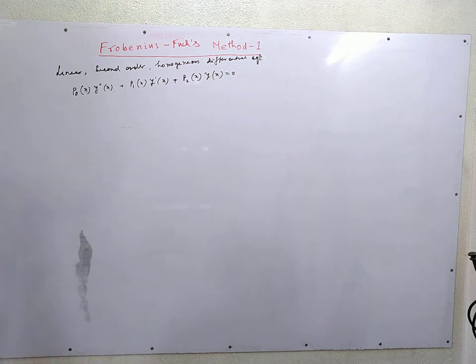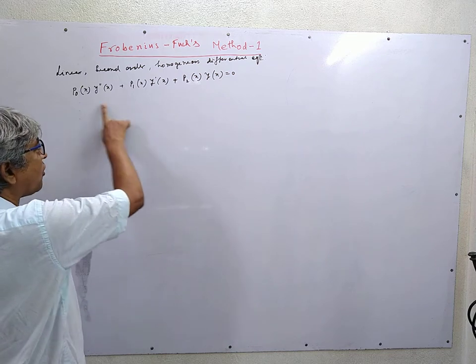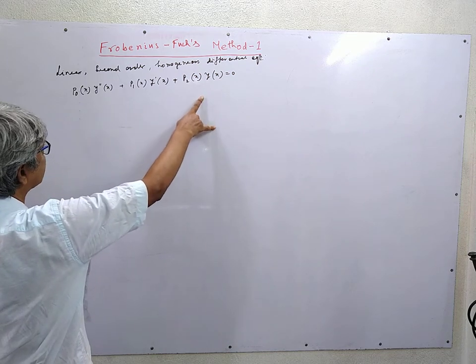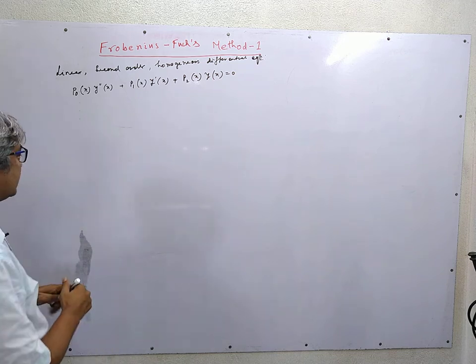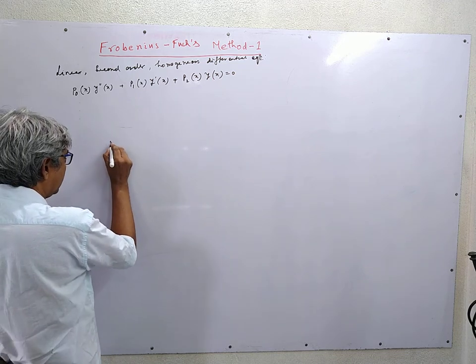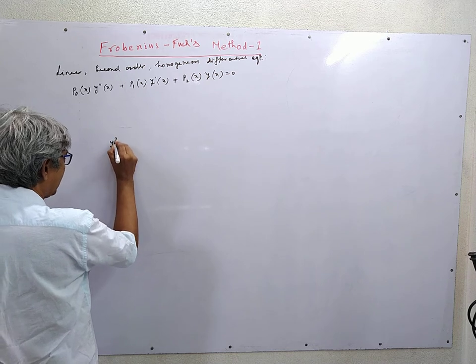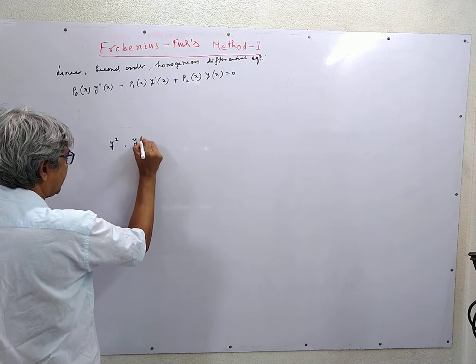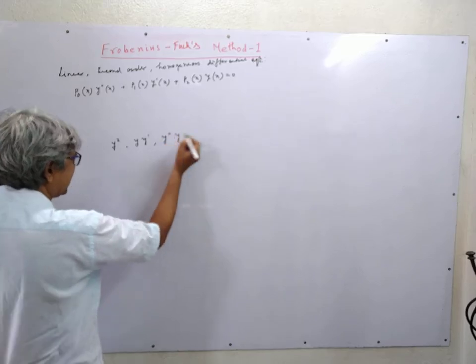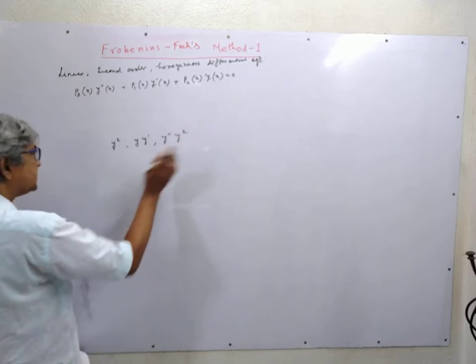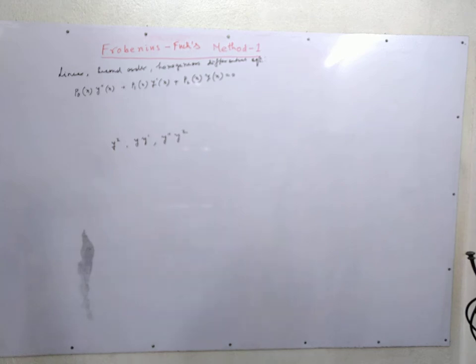Firstly, why linear? Because there is no product of y or its derivatives, so it is linear. When the differential equation involves terms like y square or y times y prime or y double prime times y, etc., these are called nonlinear differential equations.